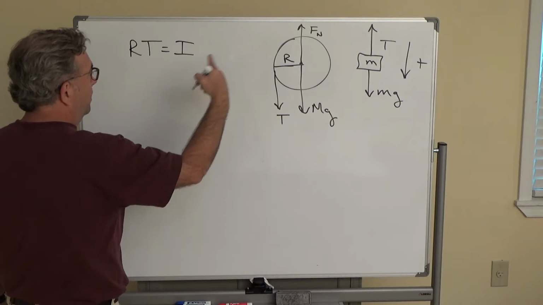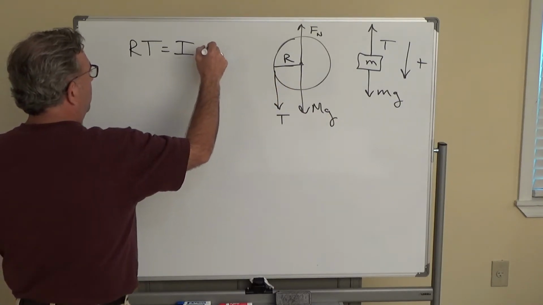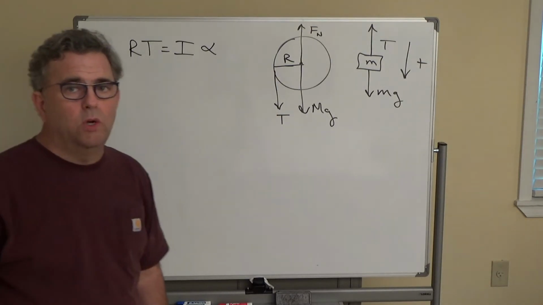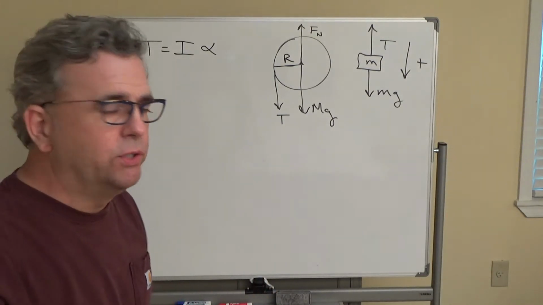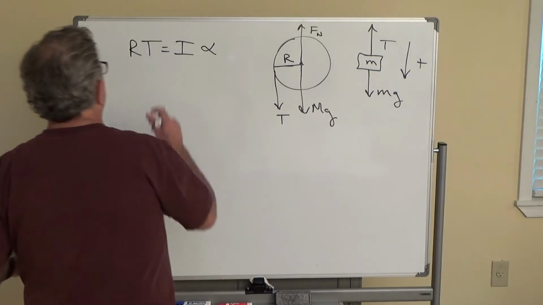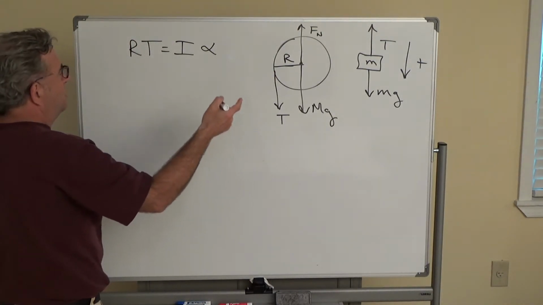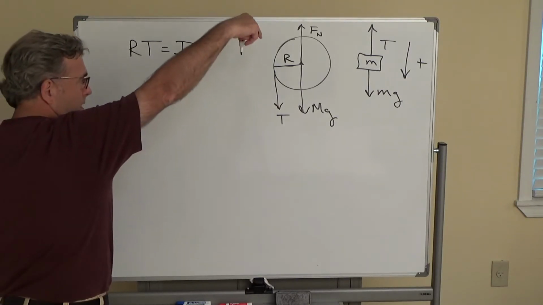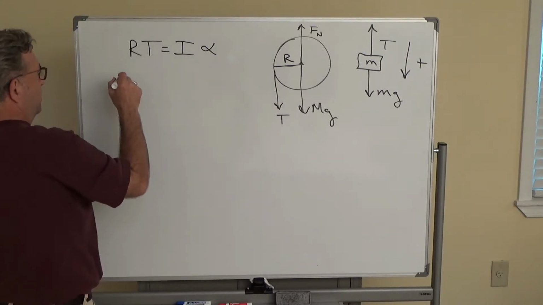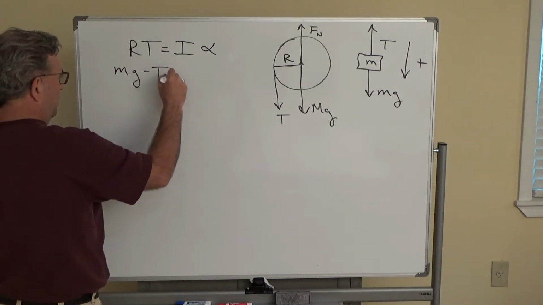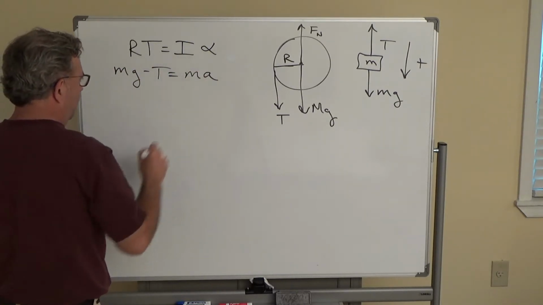It's understood that it's the moment of inertia of the disk, which is big MR squared over 2. This is for the disk. For the hanging mass, we've done it 1,000 times. If down is positive, then we have mg minus T is equal to little m a.